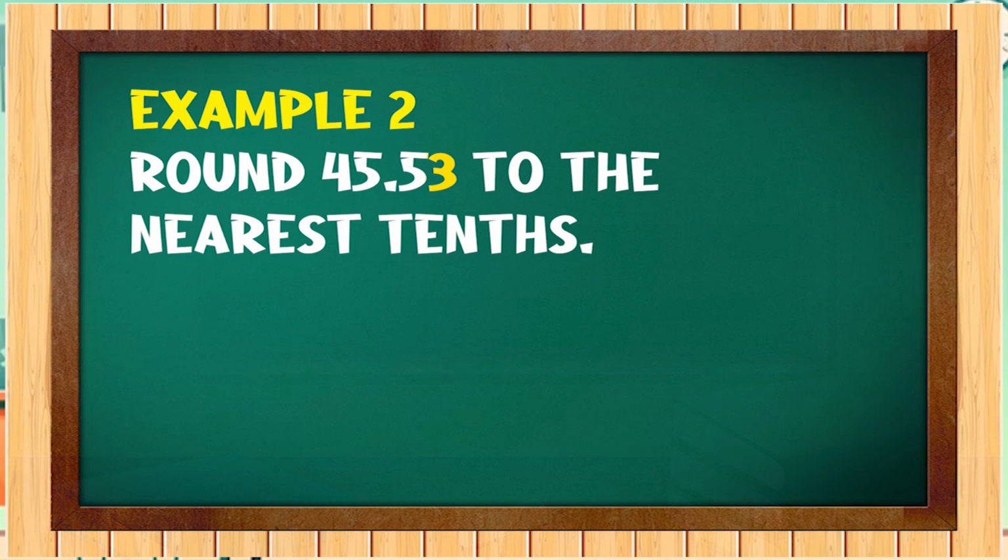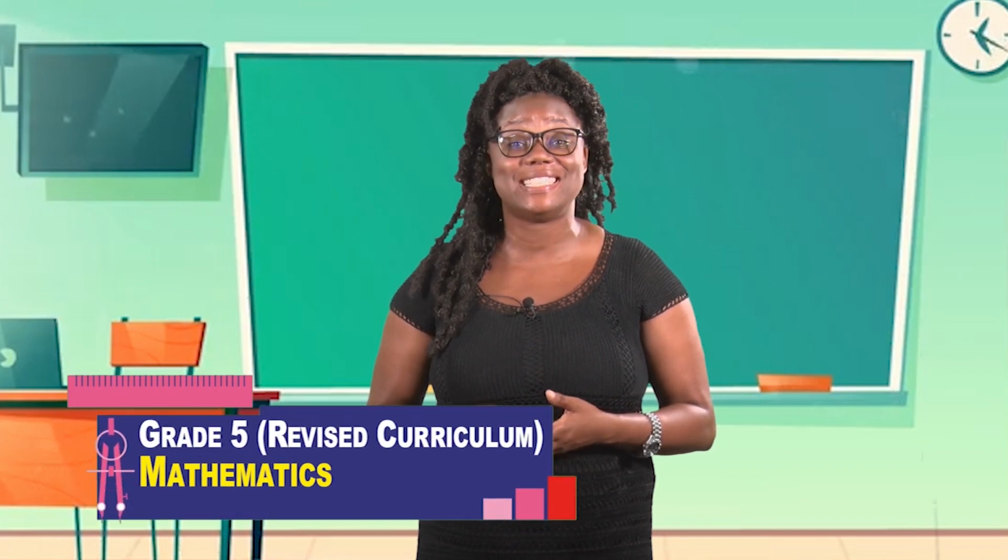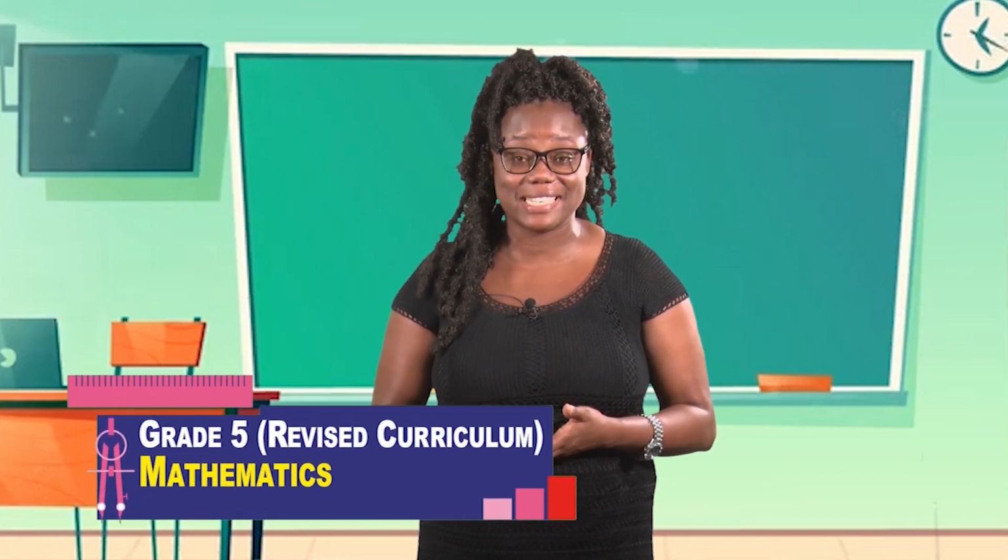What did the rule say when it's less than 5? We write back the decimal just as it is and change the number in the hundredths place to 0. So 45.53 rounded to the nearest tenths would be 45.50.